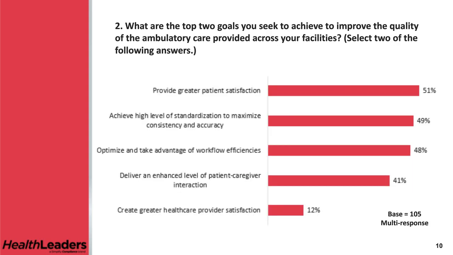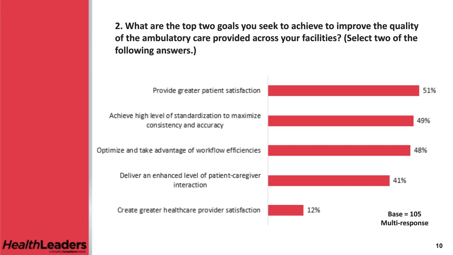Question 2 was, what are the top 2 goals you seek to achieve to improve the quality of ambulatory care provided across your facilities? Top item was provide greater patient satisfaction. Certainly there's been a lot of emphasis in recent years on patient experience, patient satisfaction. Note that the other responses are all in the same vicinity.